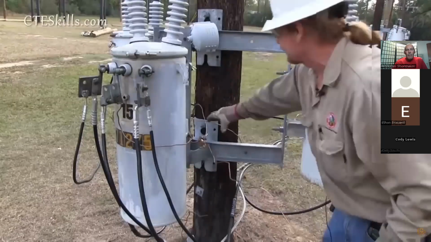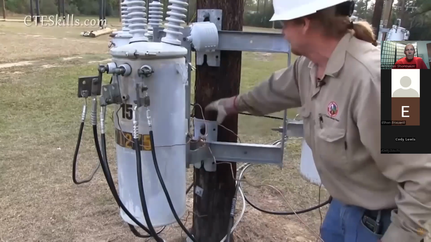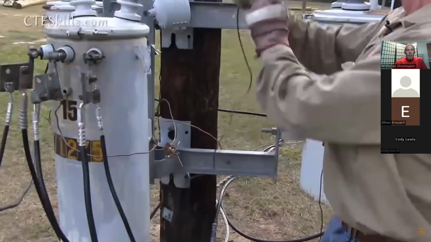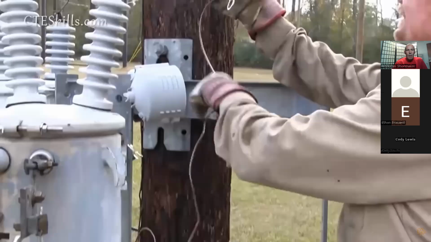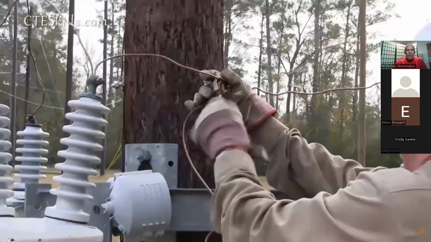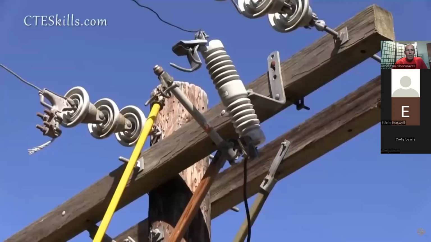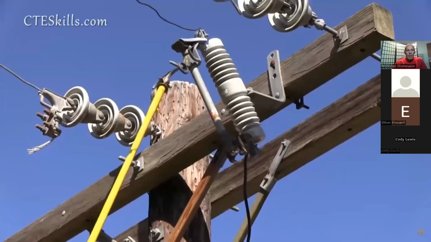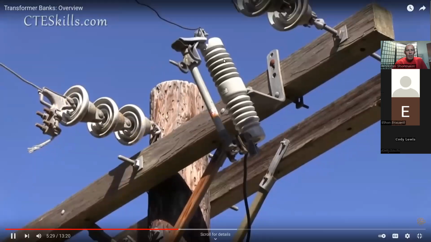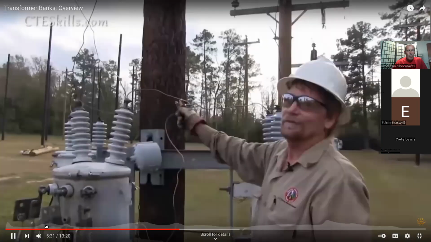This is our case ground, all our grounds for our system. We'd bring it up here, attach it to our floater, and tighten it up. Then we go ahead and close all the fuses in, energize the transformer bank. And this would prevent ferro resonance. It doesn't allow the current voltage to circulate now.